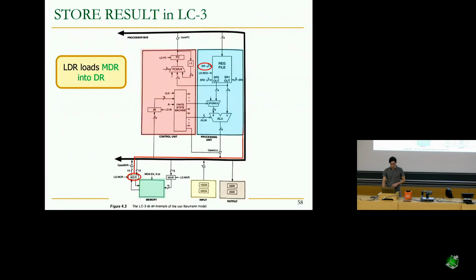So for example, in LDR, we move the value that we just obtained from memory from the MDR to the register file. Where are we going to store it? We are going to store it in the destination register, whose bits that identify it are fed through this input. Any questions so far?